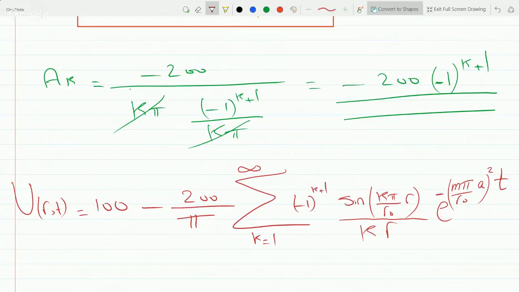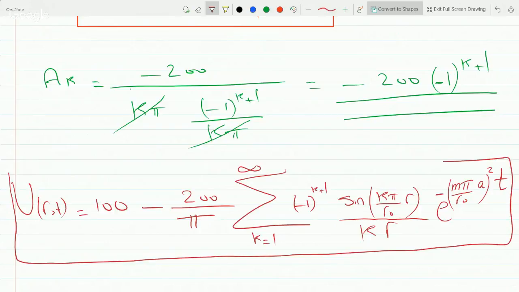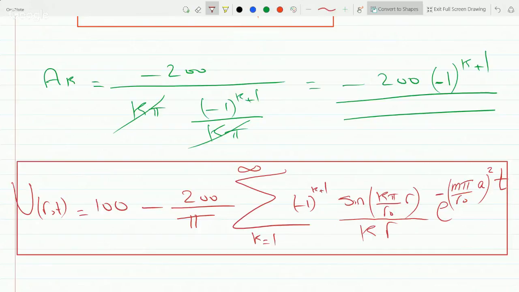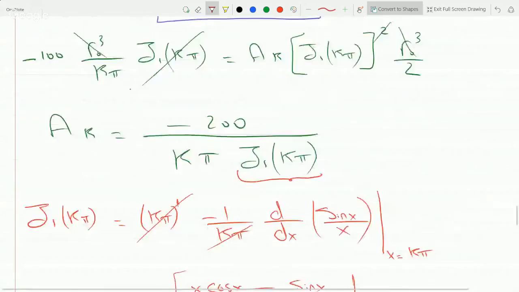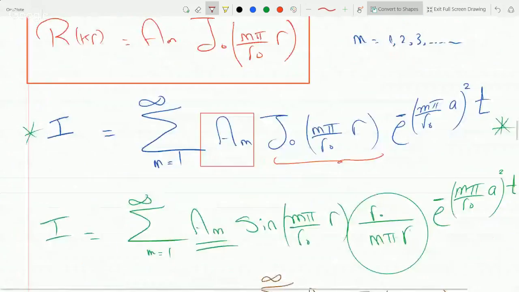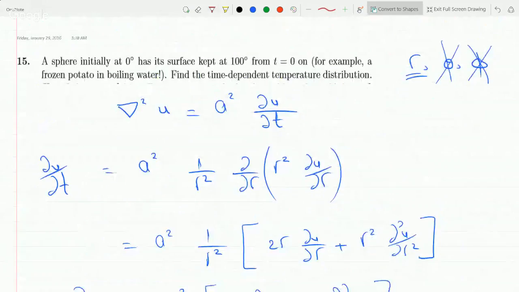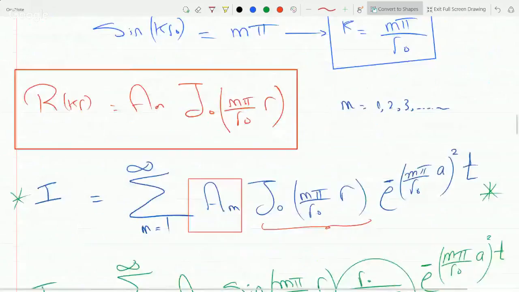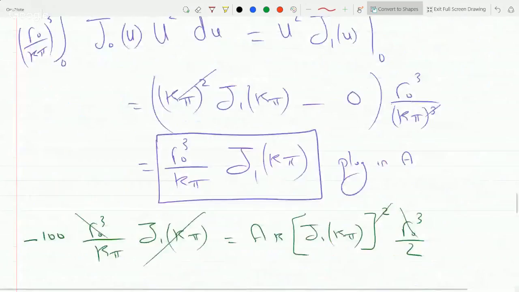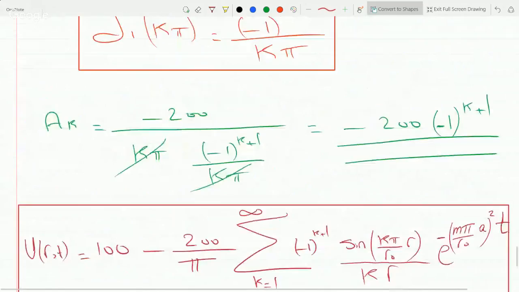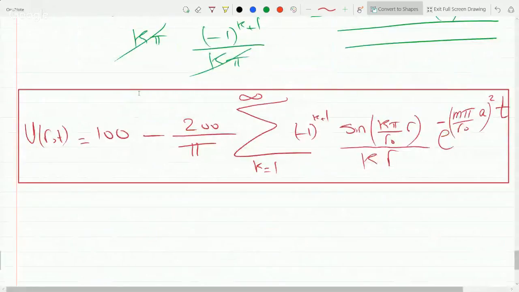This is the final answer. This u that we obtained, which is the series solution, is the time-dependent temperature distribution in the sphere. Any questions on this?